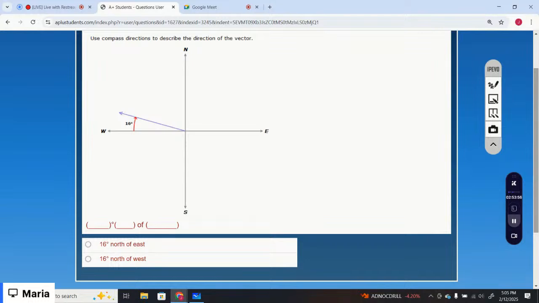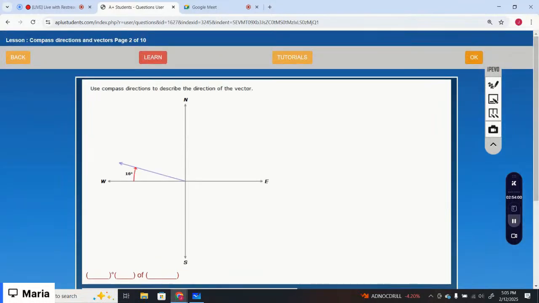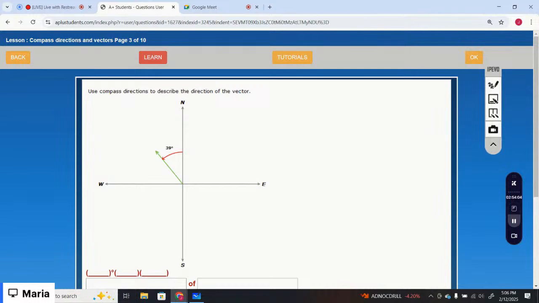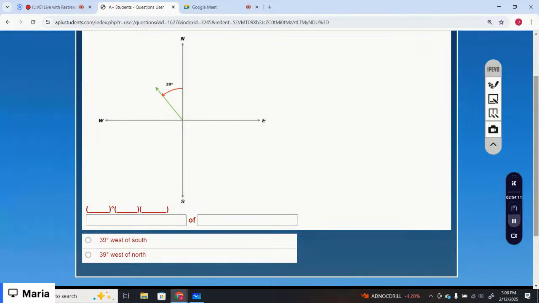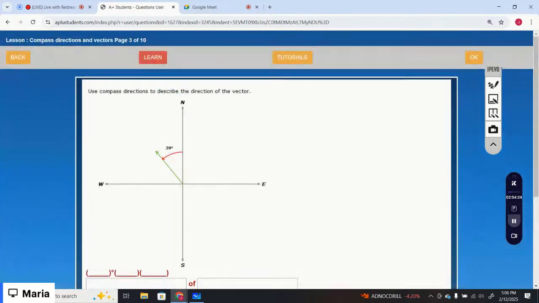The correct option is 16 degrees north of west. Use compass directions to describe the direction of the vector. That is 39 degrees west of north. Option 2 is the correct option.